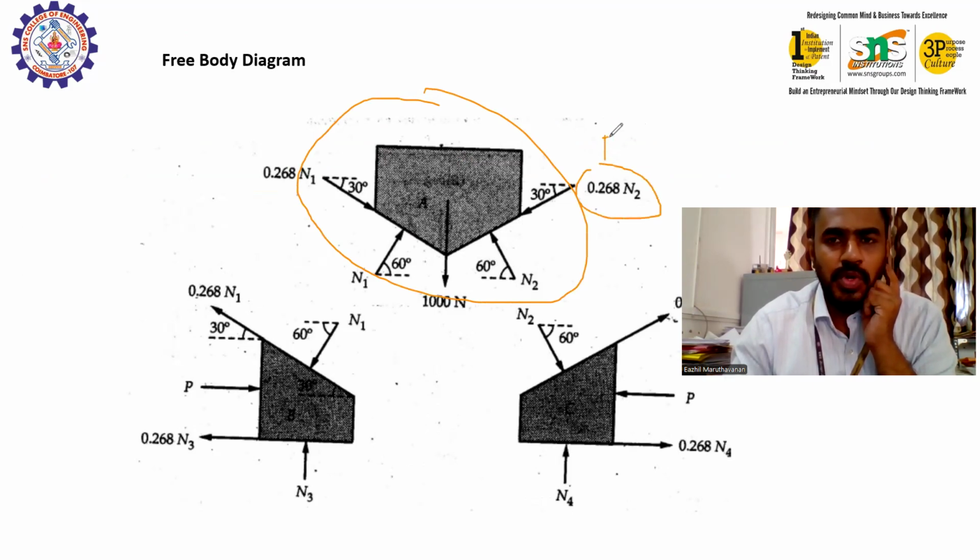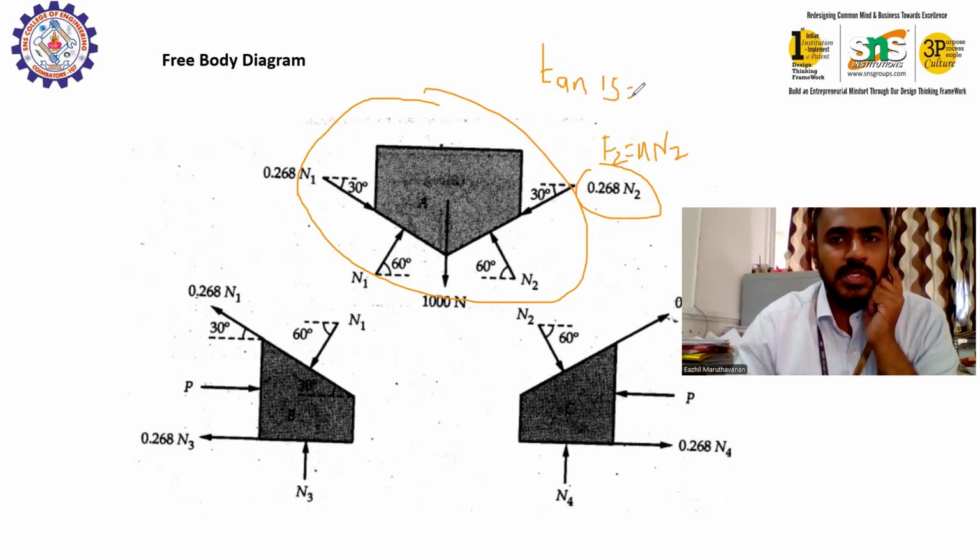F is equal to mu into N. Here it is F2, therefore F2 is equal to mu 2 into N2. As already said, we calculate mu as tan phi is equal to mu. Tan 15 is equal to mu. So we get the mu value as 0.268.